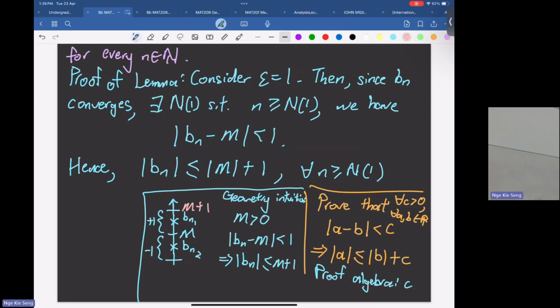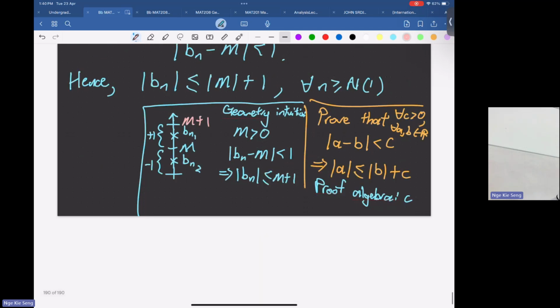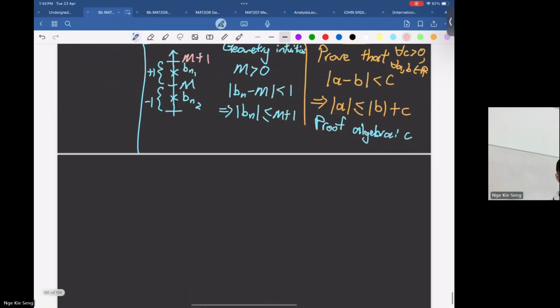Okay, so we have this property here, and then, are we done yet? Can we just choose capital M, just choose absolute M plus 1?